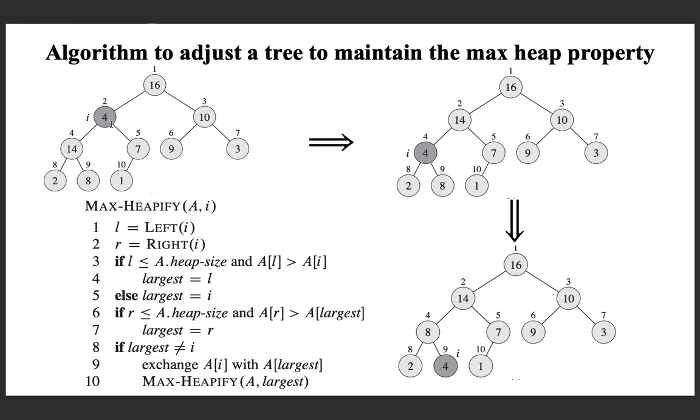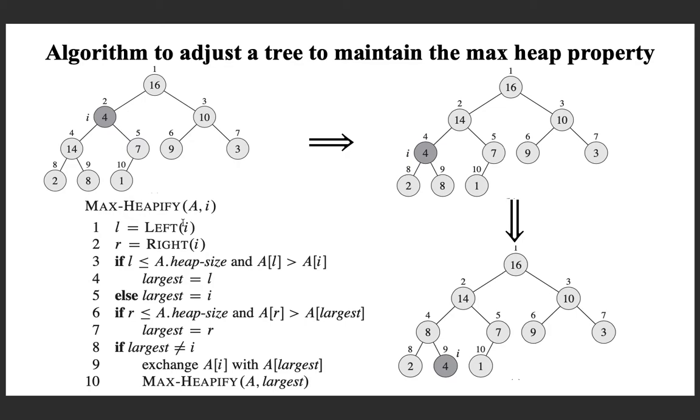That is the context. That's very important information. Before you call this, it is assumed that the value at index I is changed. That may violate the property, and that is the reason for calling this function or algorithm.